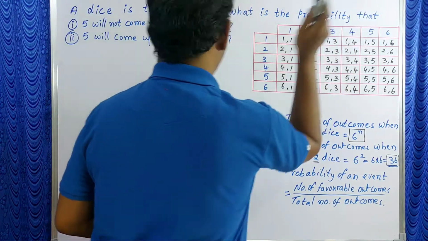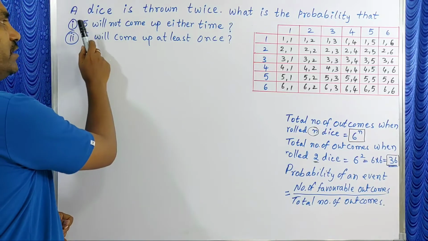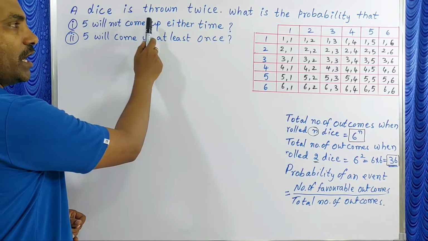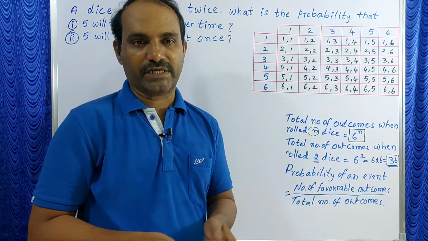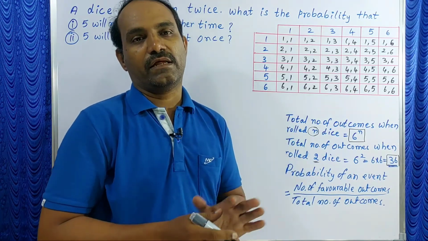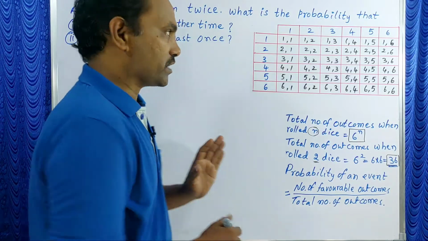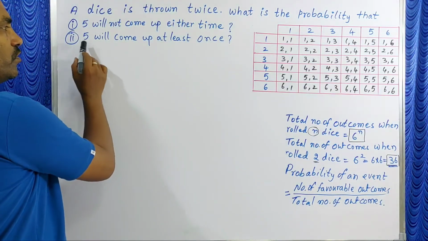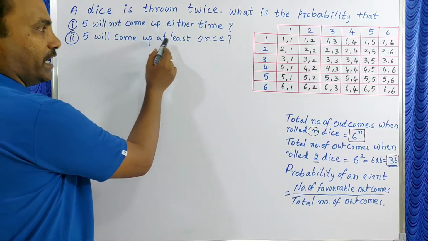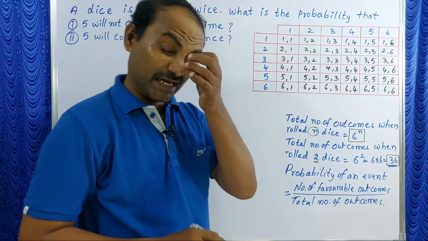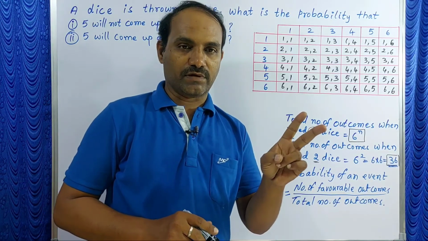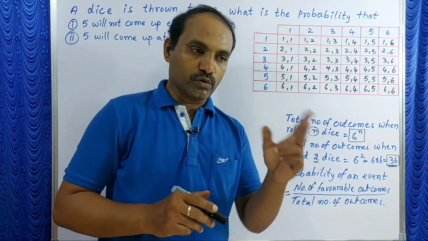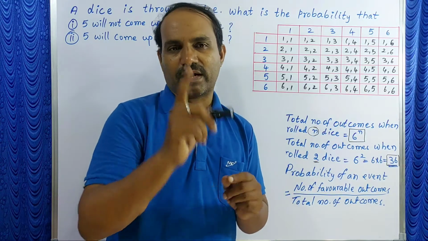What is the probability that, number one, 5 will not come up either time? 5 will not come up either time means no 5s are there in that outcome. Number 2, 5 will come up at least once.